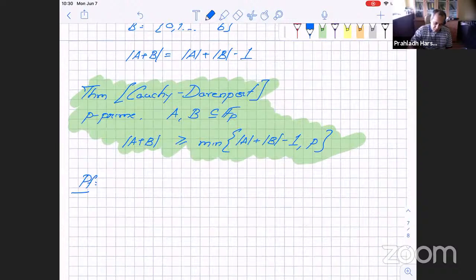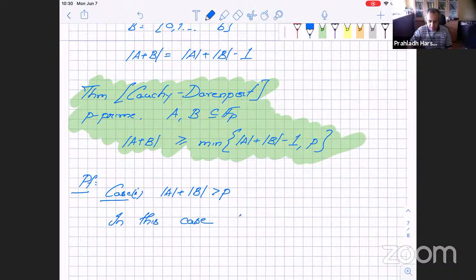So now I'm going to split it into two cases. If size of A plus size of B is greater than p, in which case the minimum is actually p, I want to show that A plus B is the entire field. That's not hard to see.